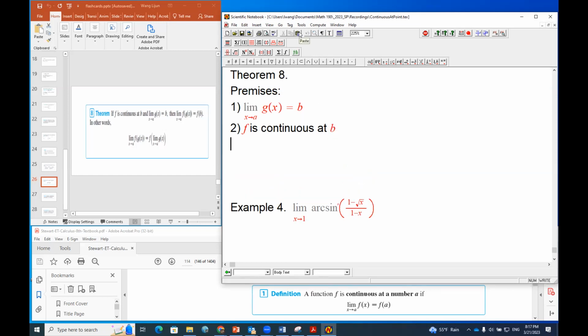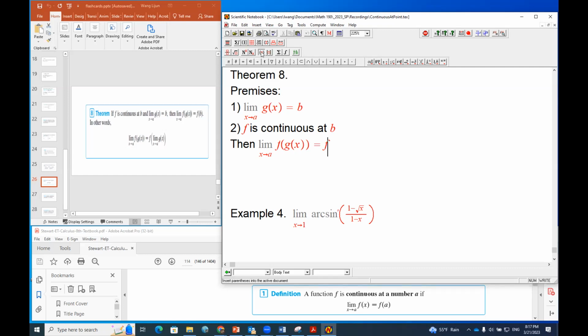Then the limit as x is approaching A of F composite G of x is equal to F of B. In other words, if we know that B is this limit, we can write it down as F, replacing B by its equal.